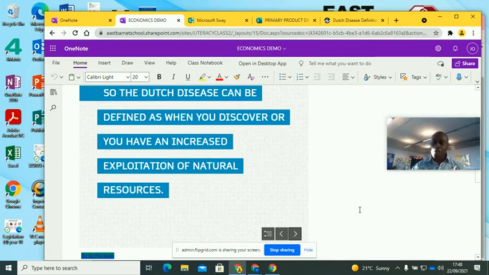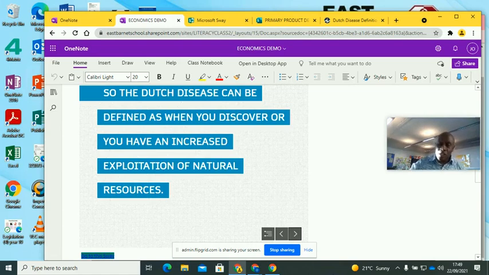Okay, so just for you to understand, natural resources are discovered, and as a result, interest from other countries comes in. They want to help mine this product. For example, if it's lithium, as a result of money coming in, they have to demand the local currency. As a result of the demand, the currency goes up in value. It appreciates significantly.